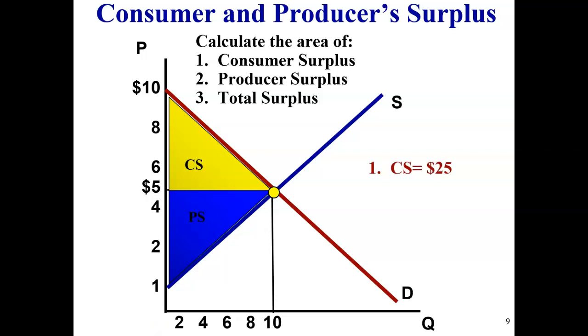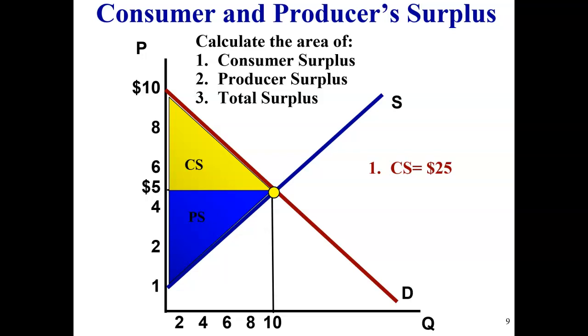If we wanted to do this, we would quantify consumer surplus at 25. So we know that 10 minus 5 is 5. 5 times 10 divided by 2 gives me 25. So 1/2 times base times height of that consumer surplus triangle. We're doing a little bit of geometry using the numbers here. Okay, and the same thing with producer surplus, right?